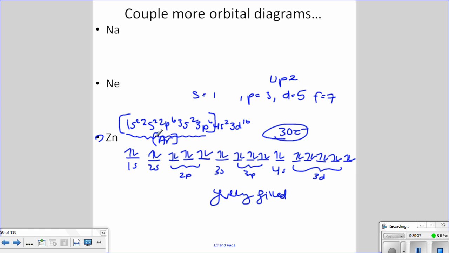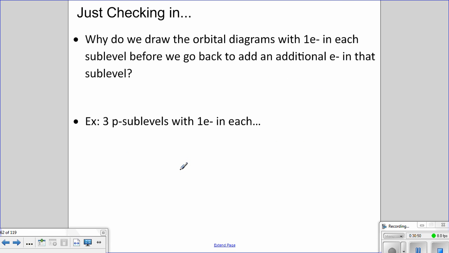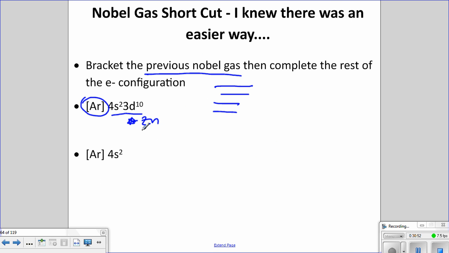So we put a bracket around the electron configuration of the last noble gas, and then we complete the rest of the electron configuration to finalize the atom or element we're looking for. So that's why you see argon, 4s2, and then 3d10 right here. So this one right here, argon in brackets, and then 4s2, if you look at your periodic table at 4s2, you'll notice that it's calcium. So these are shortcuts for how to write electron configuration.